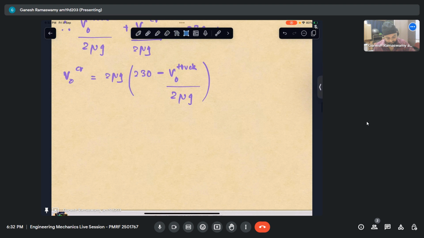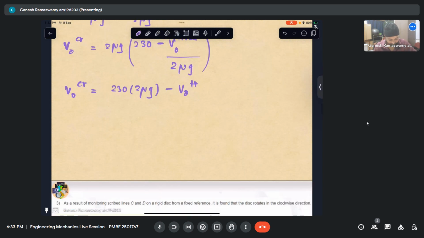So this will come out to be v naught for the car is nothing but 230 into 2 mu g minus v naught for the truck. So this is 230 into 2 into 0.18 into 9.81 minus v naught for the truck, which we just got to be 15.28.